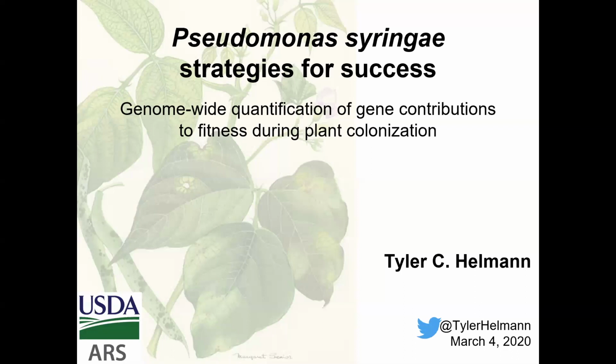There was the occasional regulator, so one or two component systems popped up, but those phenotypes tended to be very mild and also very limited to what conditions they appeared in. As an example, I think one of the largest increases in fitness happened for, I don't remember exactly which one, a two-component system on the leaf surface, but those same mutants were highly unfit in the leaf apoplast. So definitely a trade-off.